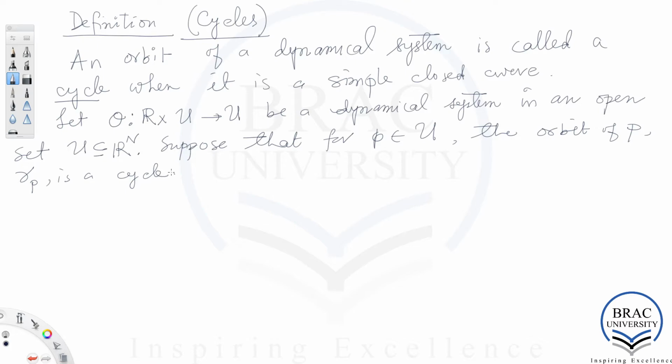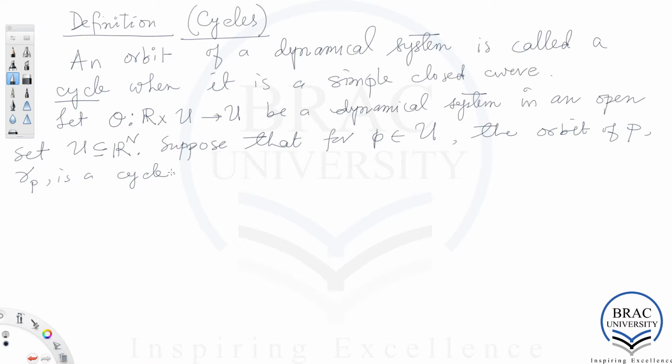Okay, so we fix the point P in U so that the orbit of that point is a cycle, meaning that it's a simple closed curve, which is of course an orbit.